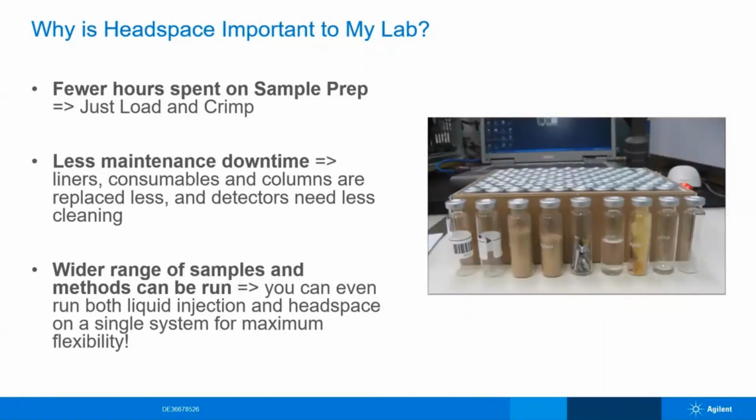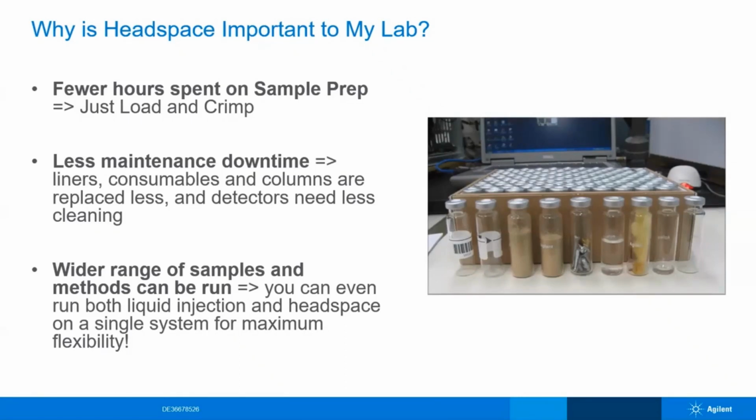So what about your specific lab? The big question to ask is whether or not there are particular samples that really eat up a lot of time in terms of sample prep. If you could just load and crimp that sample, vaporize the analyte of interest, and measure the corresponding target analytes, would that be a significant savings for your lab?